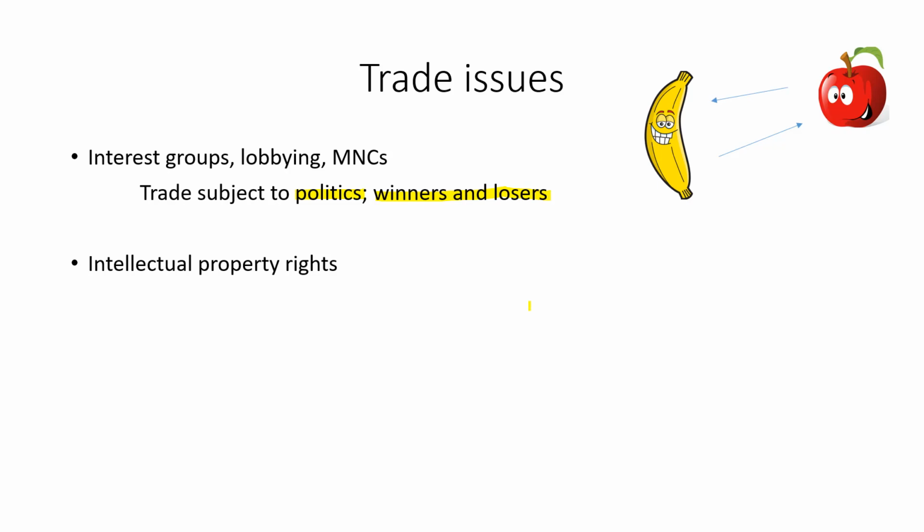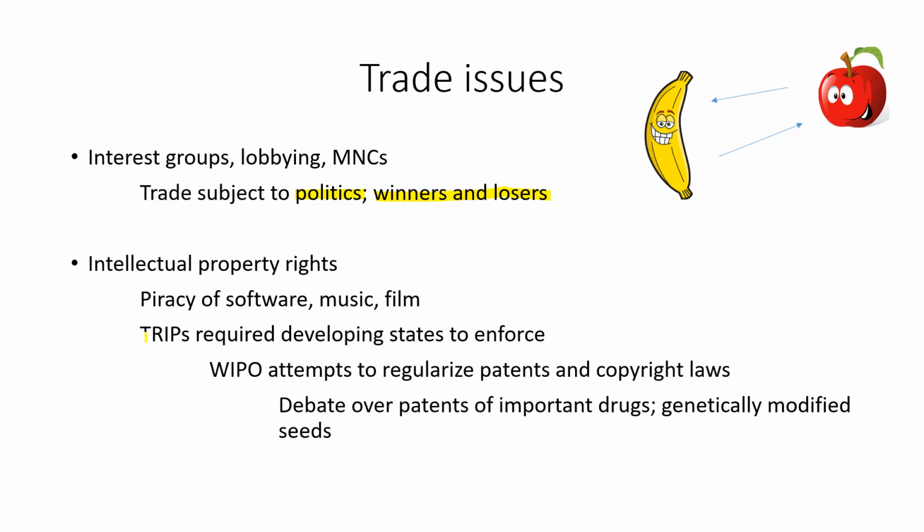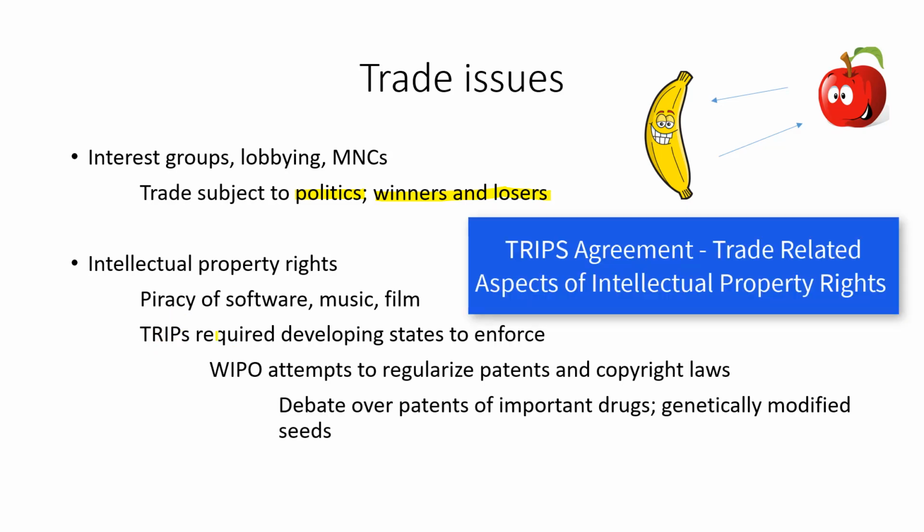Intellectual property rights have been a very predominant issue on the global scene, where companies that create things like software, music, and film have to worry about piracy of those things. The organization that looks at intellectual property has been requiring developing states to enforce that.